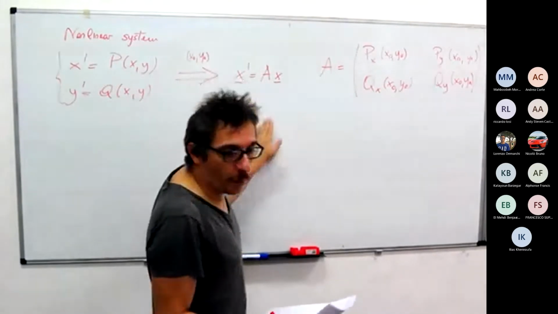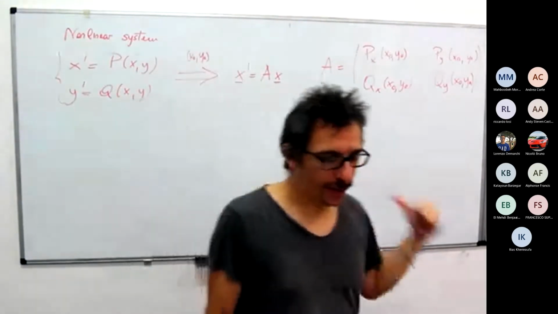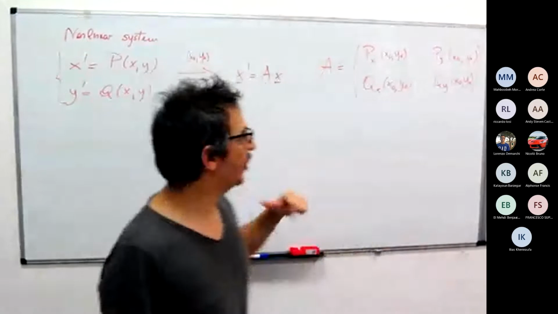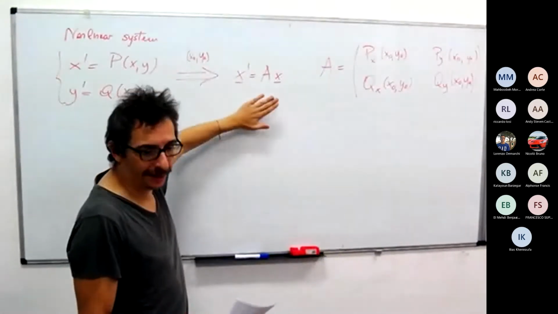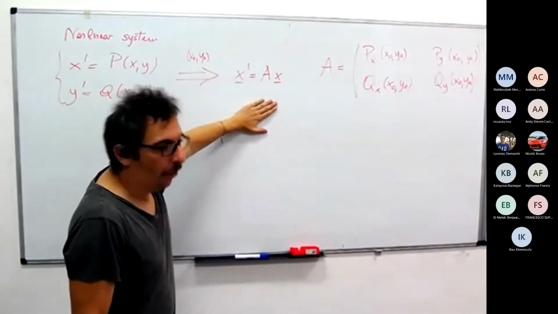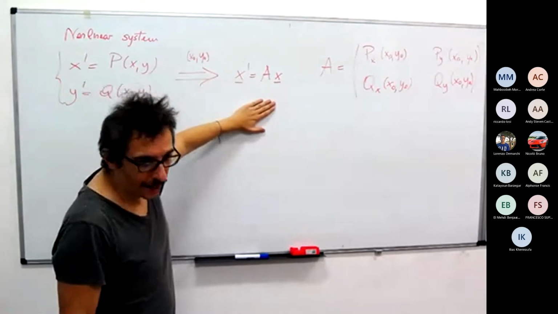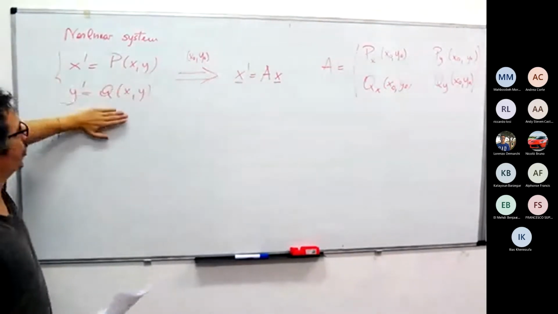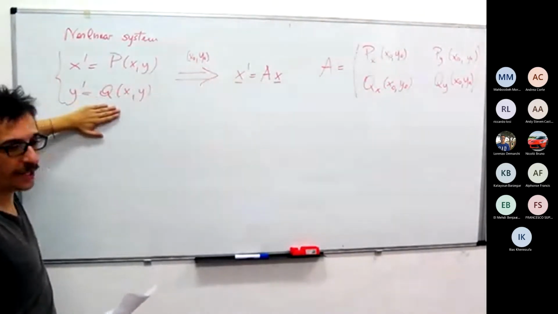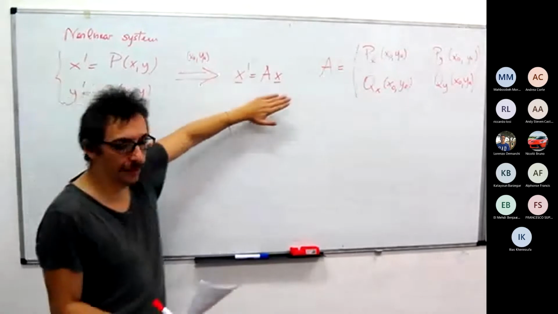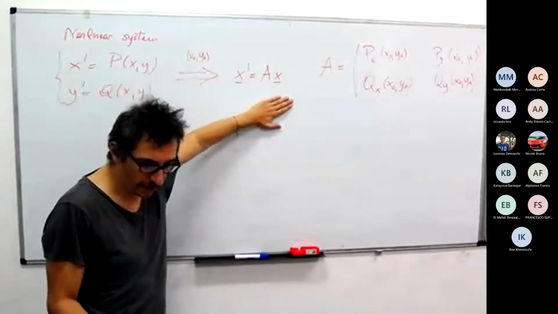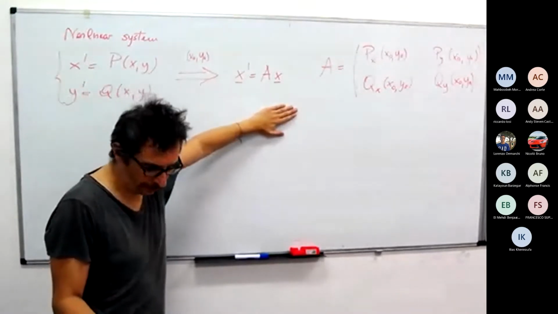We have studied, last hour, the nature of the critical point of a system like this one. Now, what can I say about the nature of the critical point of the nonlinear system that generated this linear system? This is the main question.